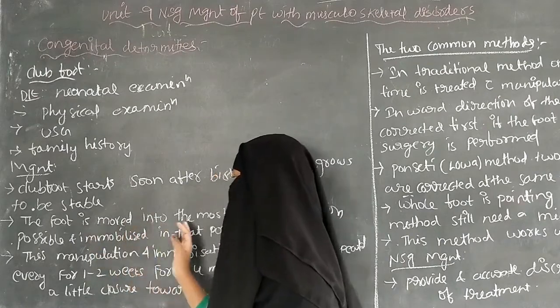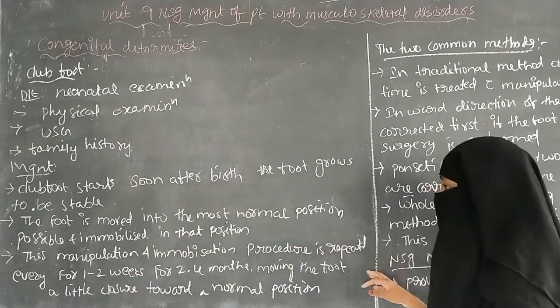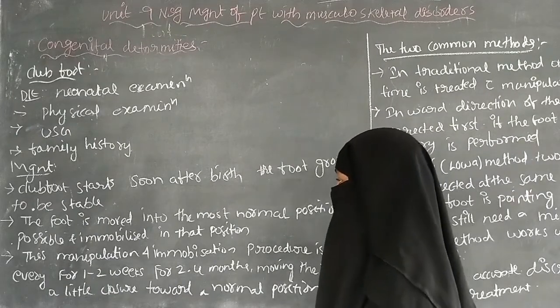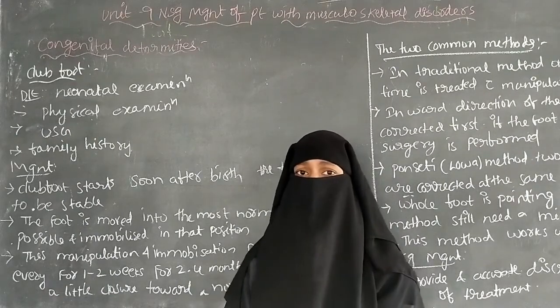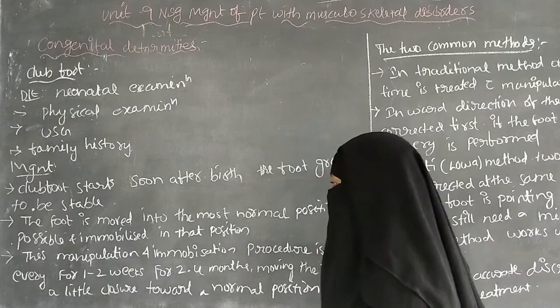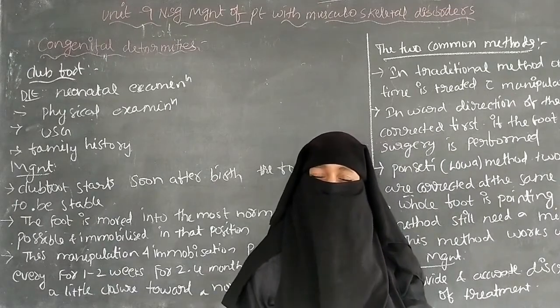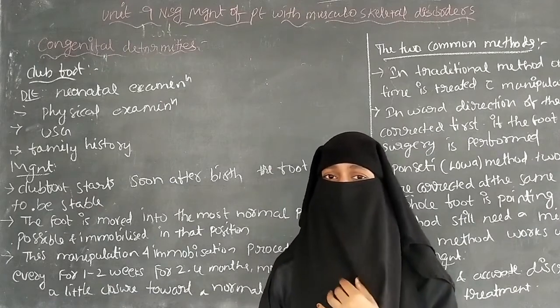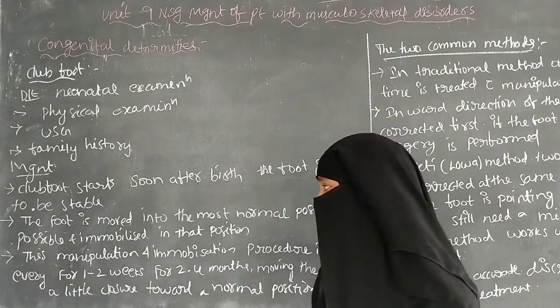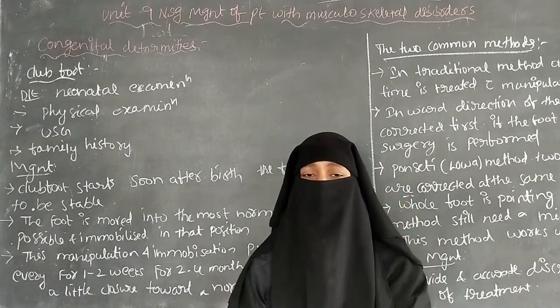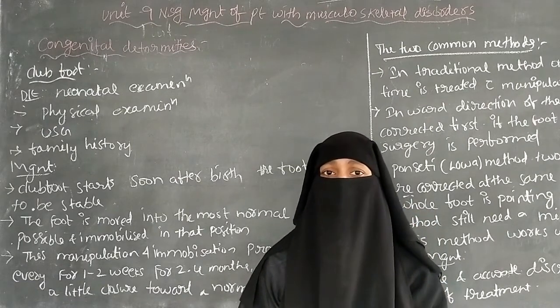The foot is moved into the most normal position possible and immobilized in that position. The foot is moved into the normal position by manipulation by hand, and after moving the foot into a normal position, it is immobilized.